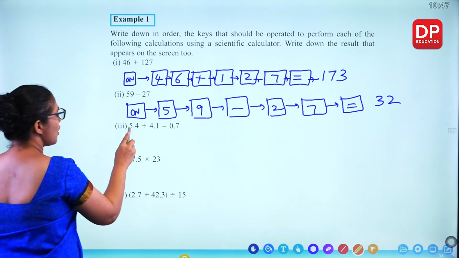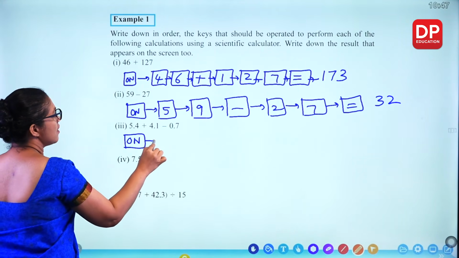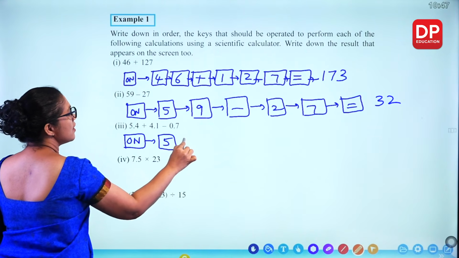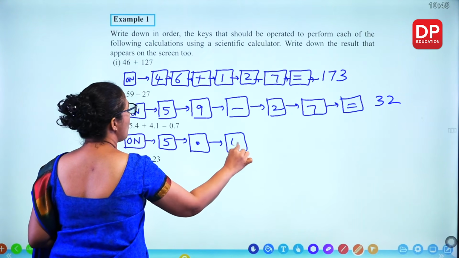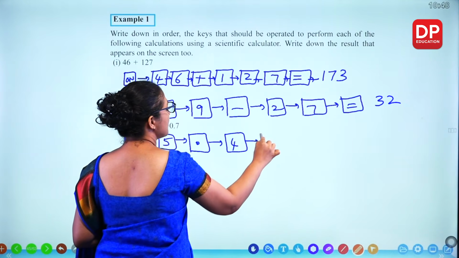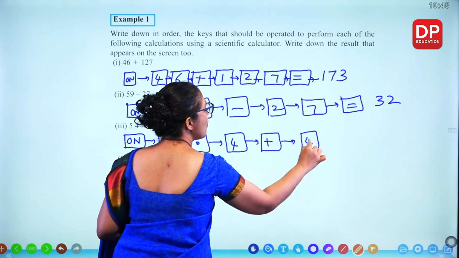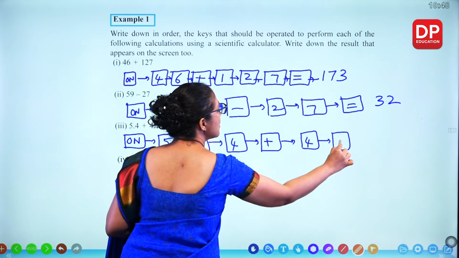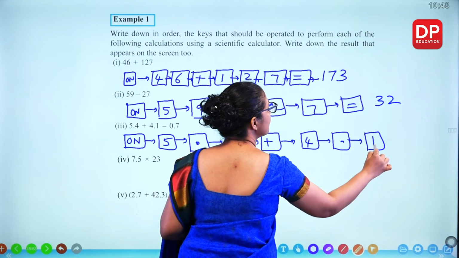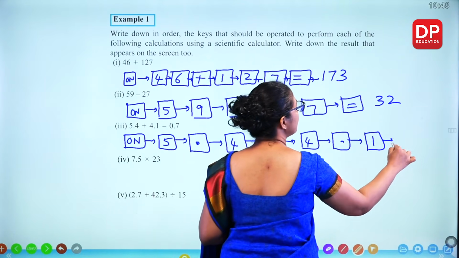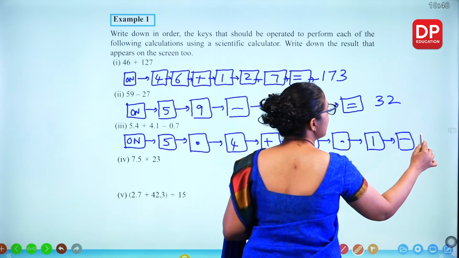Next one. Now a decimal point is there. So on, 5.4 plus 4.1 minus 0.7.